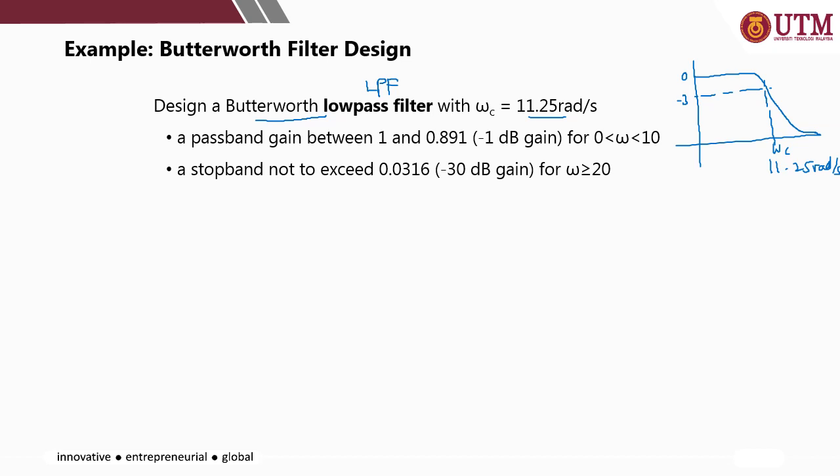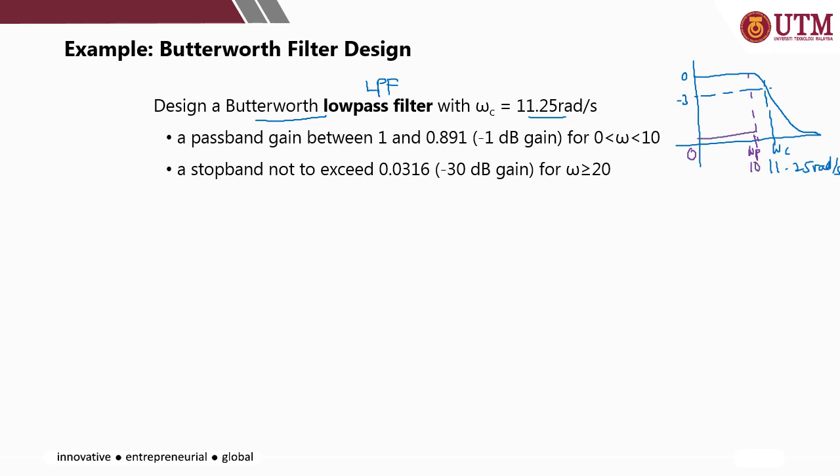Okay, and then a pass band gain between 1 to 0.891, or minus 1 dB, for omega equal to 0 up to 10. Here is 11, so 10 is somewhere here. This is the pass band, I'll call it omega p, the pass band frequency, equal to 10.